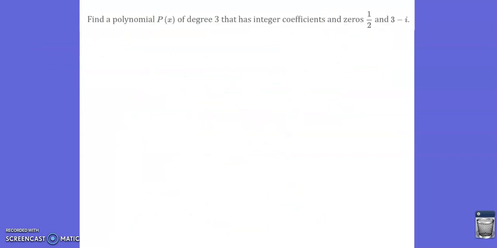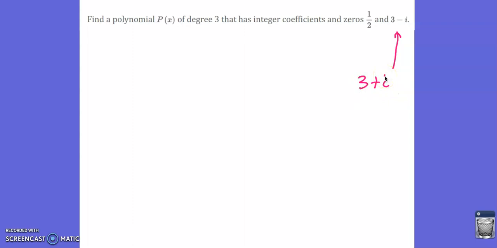Let's look at another one, where it says find a polynomial p of x of degree 3 that has integer coefficients and zeros of 1/2 and 3 minus i. Notice something specific about this, because 3 minus i is a zero. Remember we talked about this earlier, last section. If 3 minus i is a zero, that means 3 plus i is also a zero.